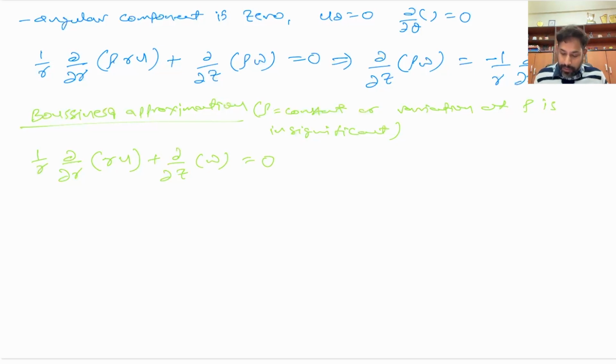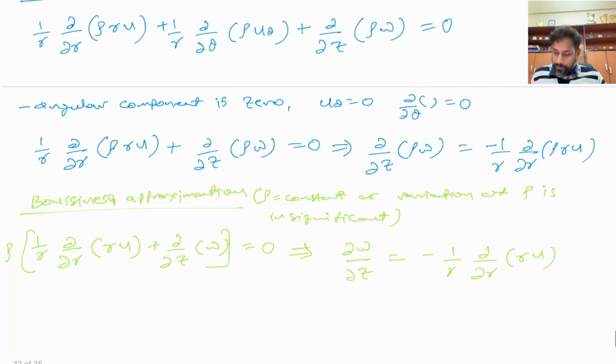We are simply assuming that rho comes out because rho is a constant, and that goes to the other side, which becomes 0. So this actually gives us dw by dz as minus 1 by r d by dr ru. Okay, so we get this again from the continuity equation, by applying the Boussinesq approximation.